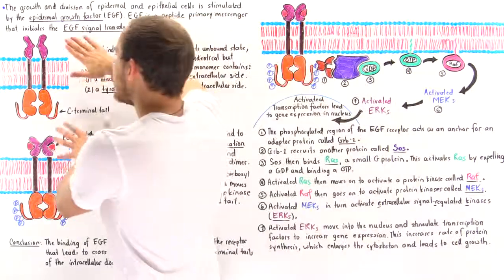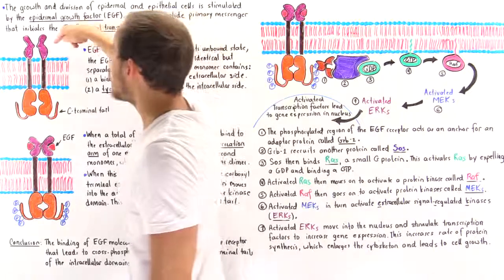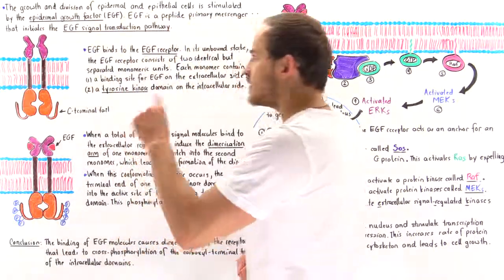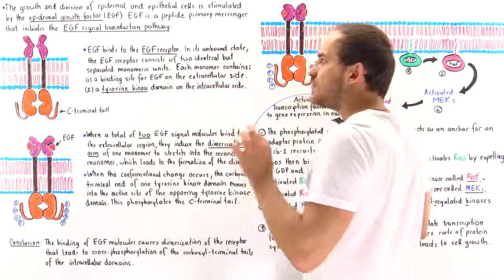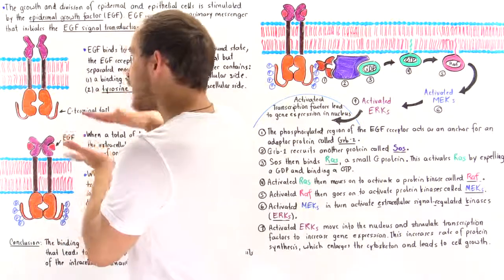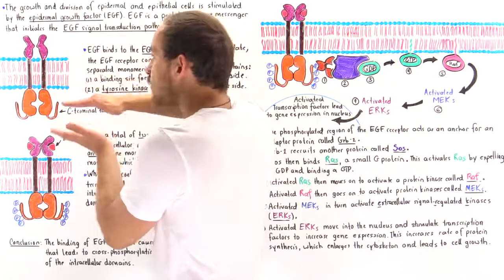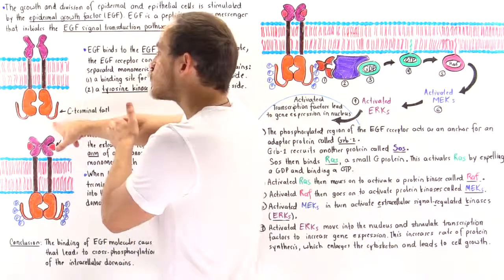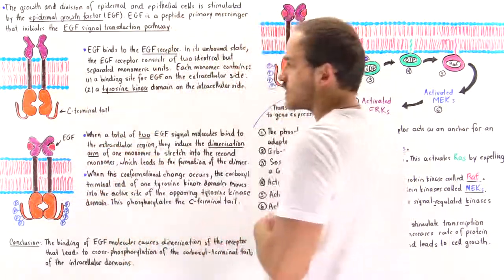Now, let's examine each one of these individual monomers. So we have this purple region found on the extracellular side, and this is the region that contains a binding site for that EGF molecule. This brown section is that section that essentially spans the membrane, and it anchors that molecule in that membrane. And this is the intracellular domain region found on the inside portion of the cell.